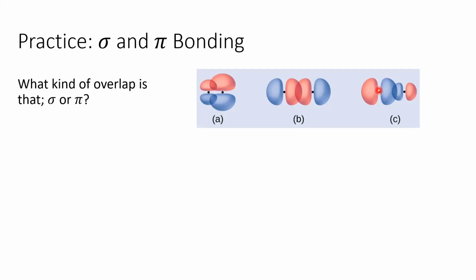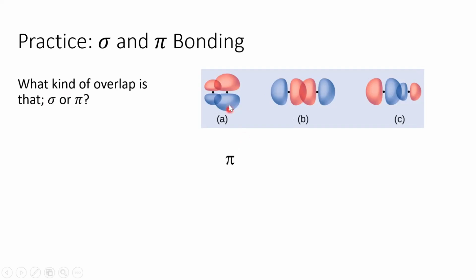Agreed, A is a pi bond. Good. What do we think about B? Agreed, B is a sigma bond. We've got two p orbitals head on. We have two p orbitals side by side. What do we think on C? A sigma bond again. Good.